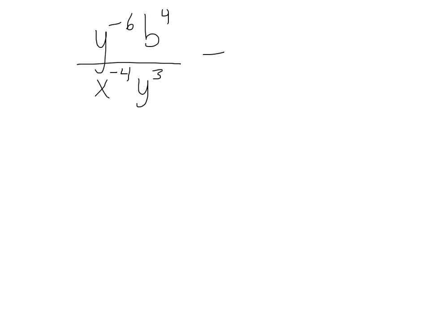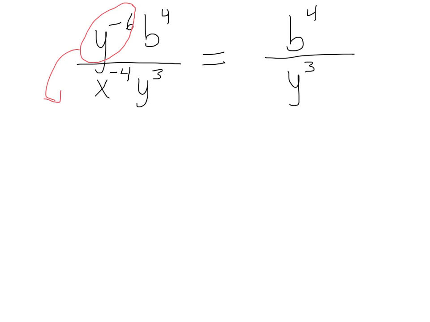So in this case, to simplify this fraction, you can just say, well, it's really b to the 4th, that's all we have up top, and we have y to the 3rd on the bottom. But since this variable has a negative exponent, let's put it on the other side. And this one has a negative exponent, so let's put it on the other side.